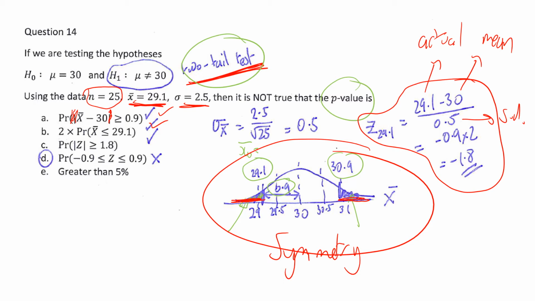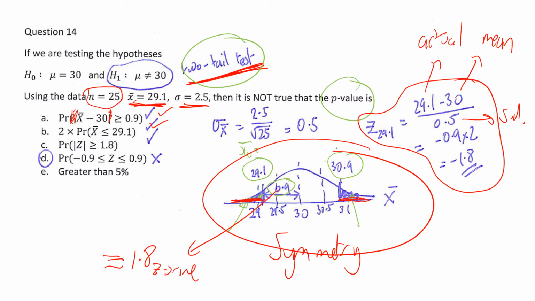So of course, to say that the probability that the modulus of Z is greater than 1.8 is to say that, in terms of a Z score, this 0.9 is equivalent to 1.8 at the Z score.